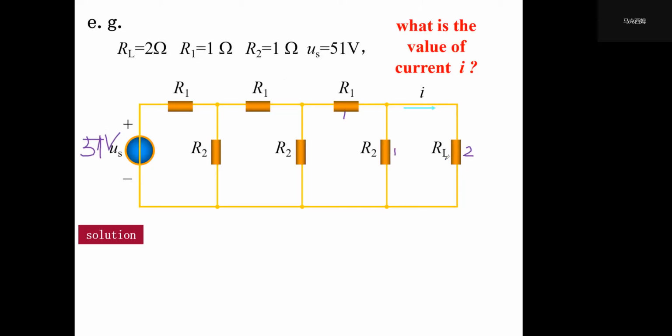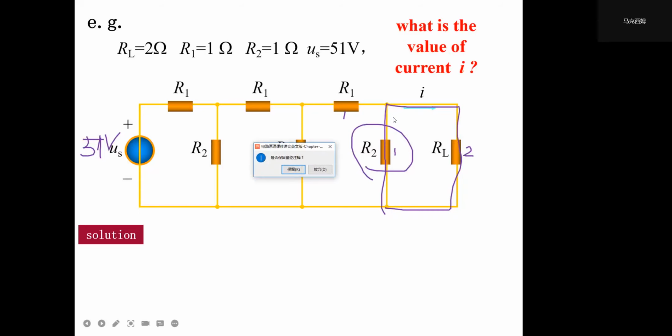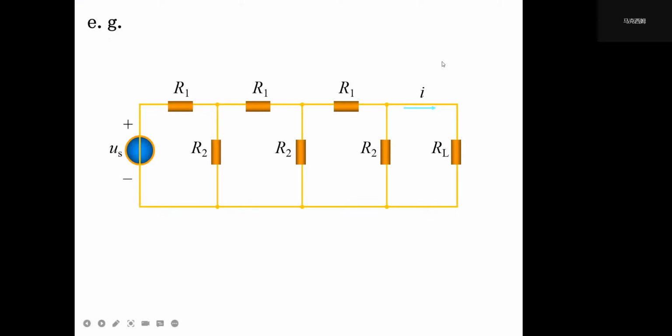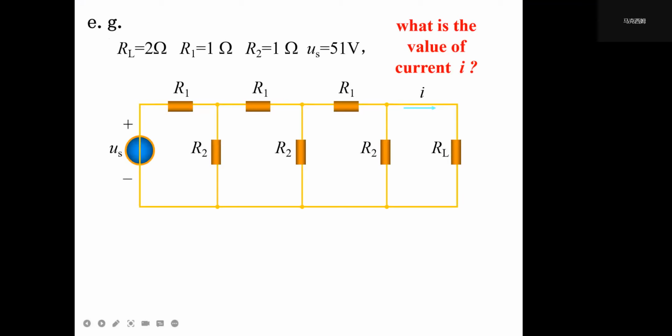the resistance in this loop is 2 times of this one, which means that since those two branches share the same voltage, you see that this one is 2 ohm, this one is 1 ohm.